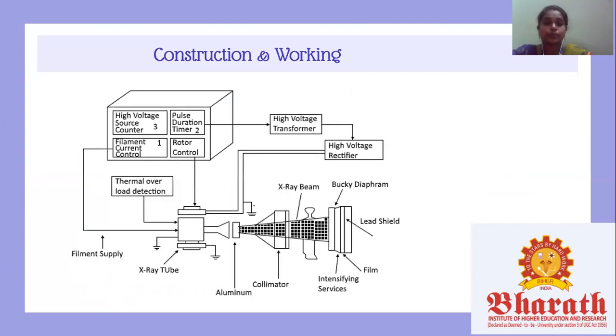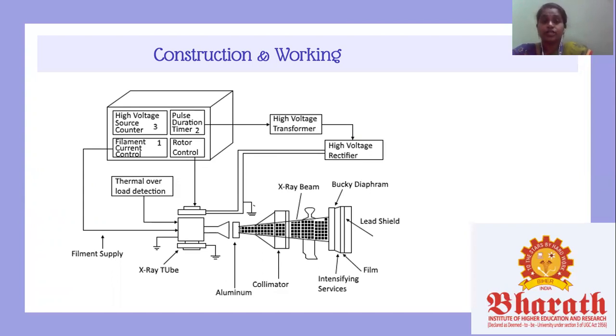Medical X-rays are produced in glass-enclosed vacuum tubes. A high voltage differential is applied across a gap in the vacuum tube between a cathode and the anode. The anode is the target for the electrons that are accelerated across the vacuum, and the anode is usually made up of a metal, often tungsten.